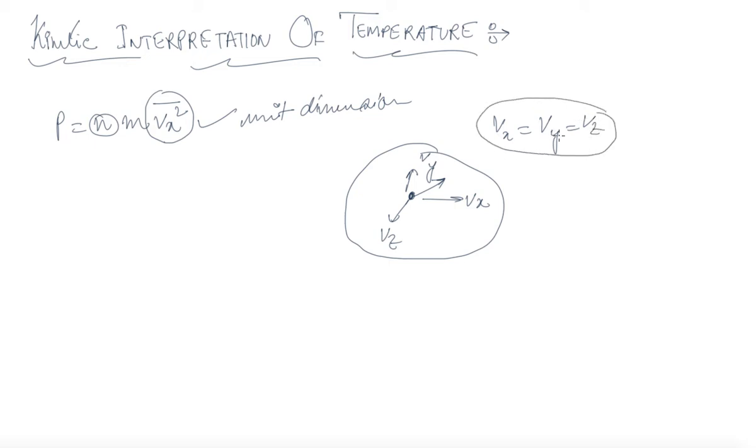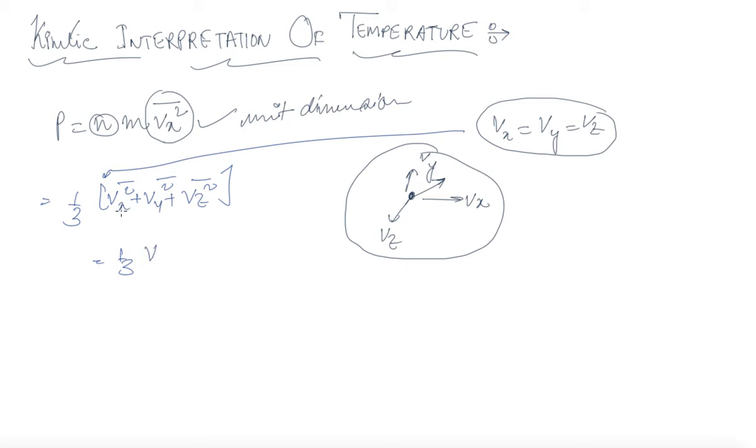So this in turn gives me 1 by 3 into Vx plus Vy plus Vz, each squared, and this is the average.